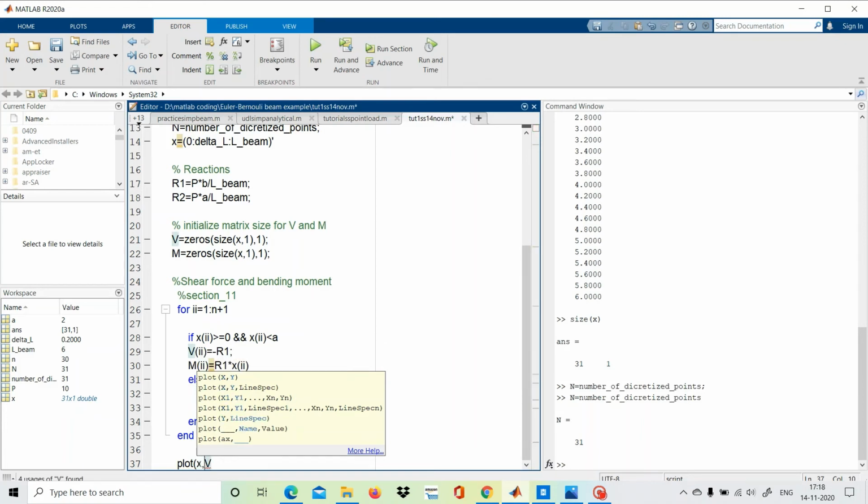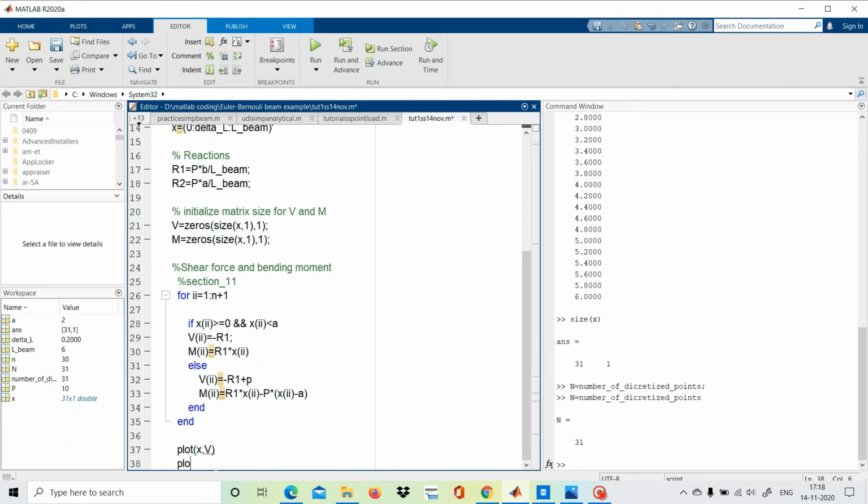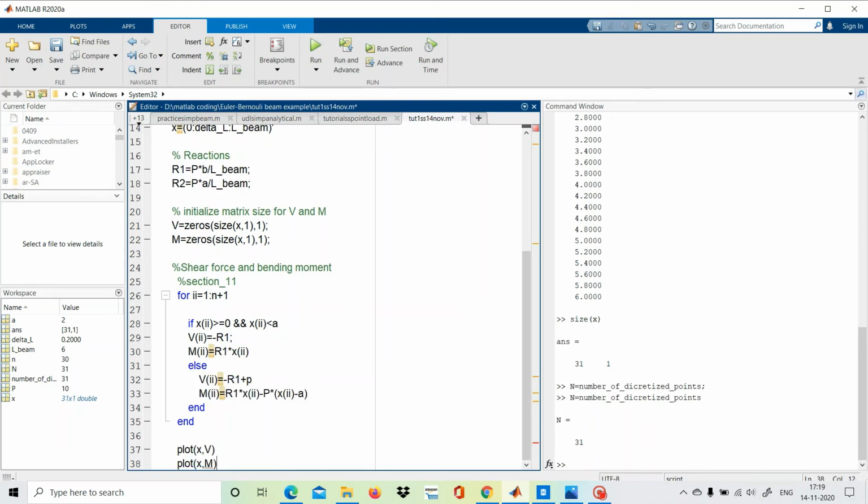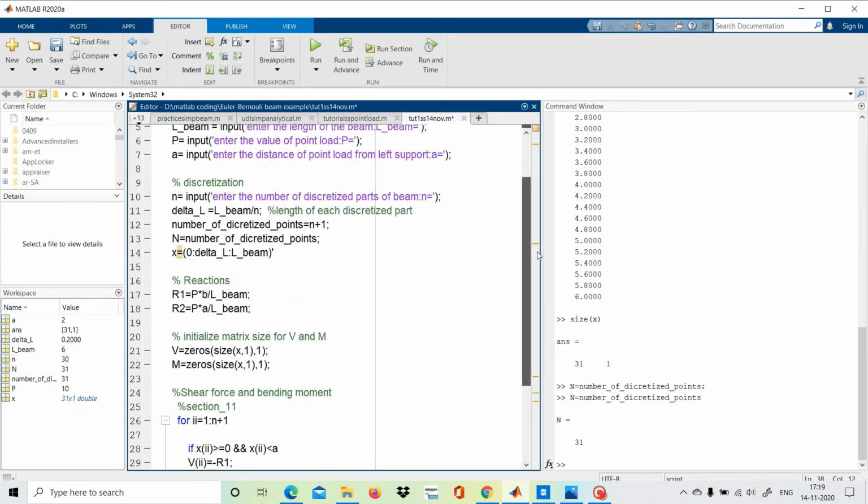So we want corresponding to x, we want the shear force. So we will write shear force, and another command we will write: plot x comma bending moment m. So let's see.